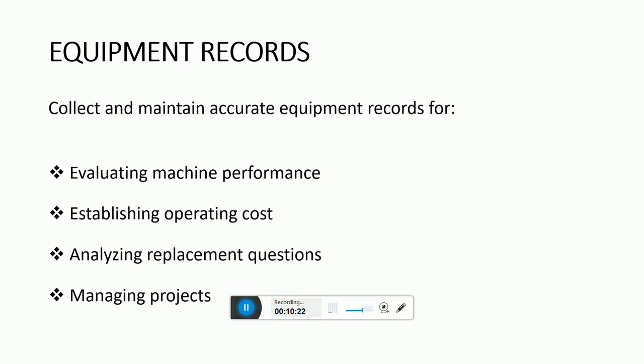Most of the information required for ownership and operating or replacement analysis is usually available in any company's accounting records. All owners keep records on a machine's initial purchase expense and final realized salvage value. We will discuss salvage value in our coming lectures, what salvage value is and how it is calculated.